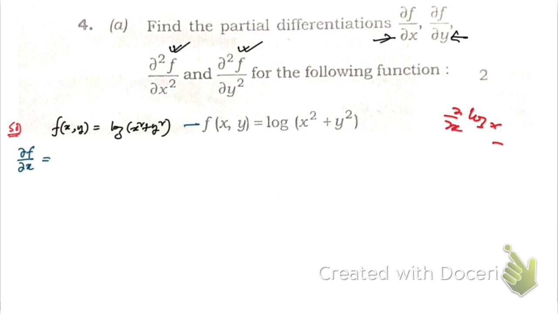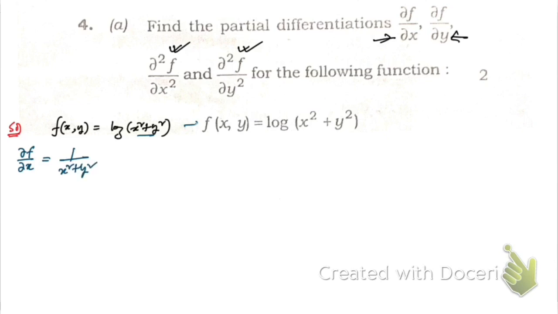So you know that. Now you see, that's what we have got here, 1 by x square plus y square.